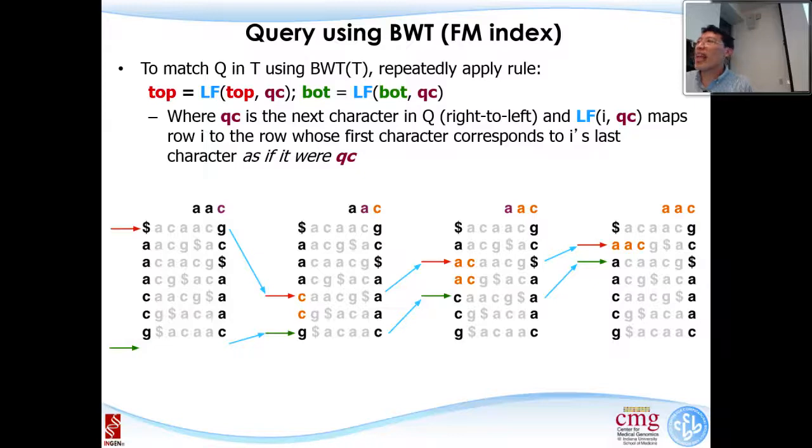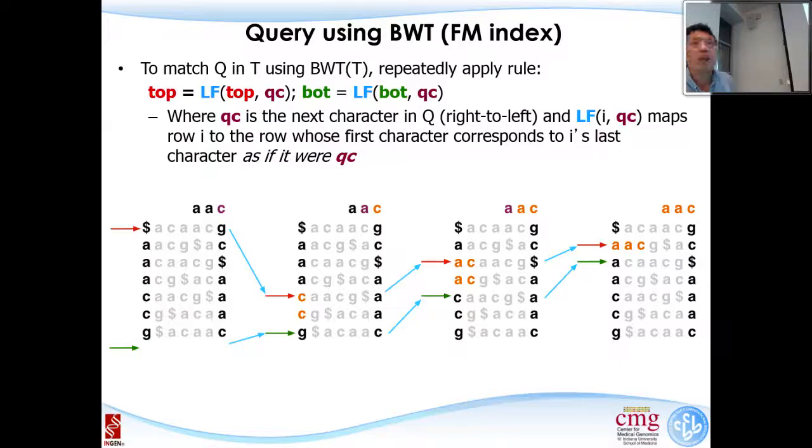You start from the last letter, which is C. And in this case, C is here, okay? So now I'm looking at the second last letter, which is A here. I'm seeing which C corresponds to A in the next column. Unfortunately, they both correspond to A, so I cannot narrow down here. But this is the second A, and this is the third A. And then I'm going to the second A and the third A.